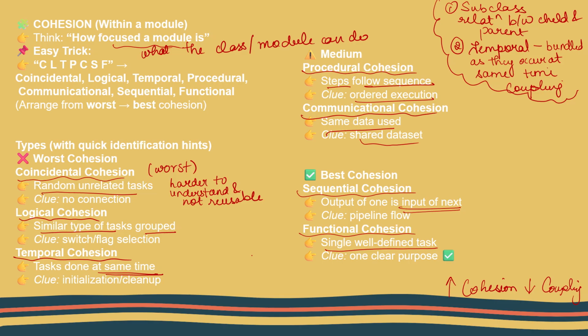Whatsoever logically related things are put together. That is input, file handling, error handling, etc. Temporal cohesion: things executing at the same time are put together. This is your time-based cohesion.